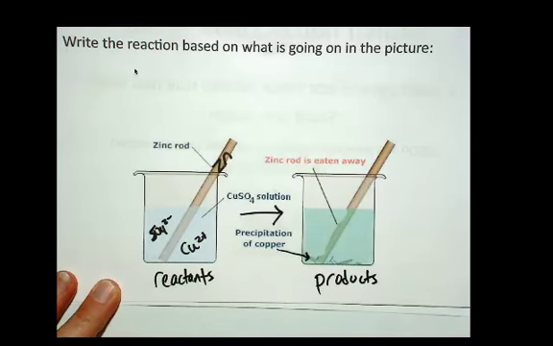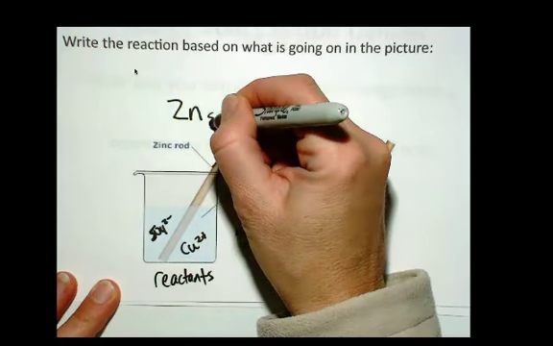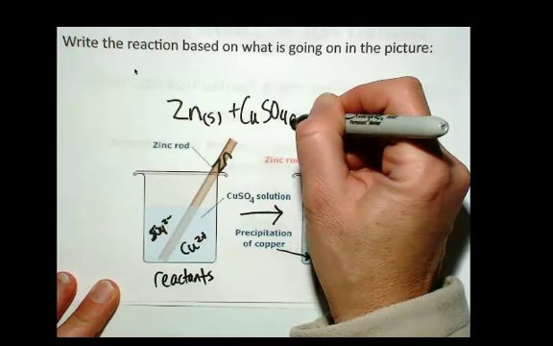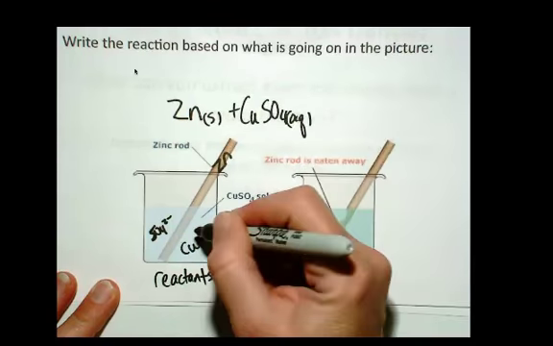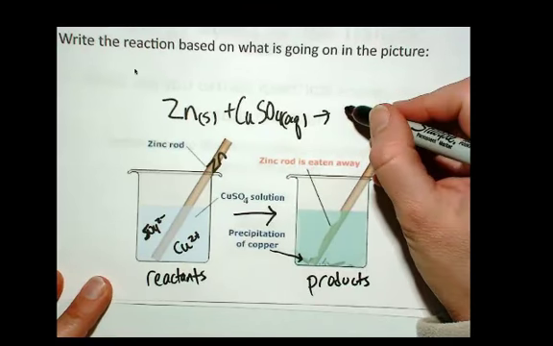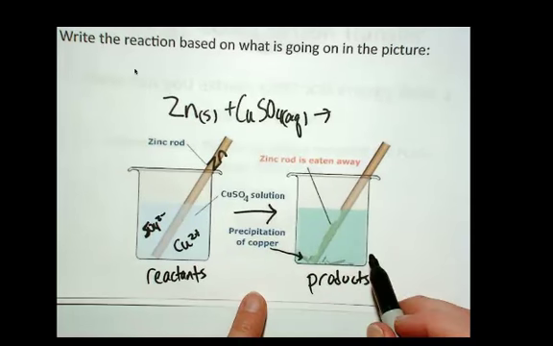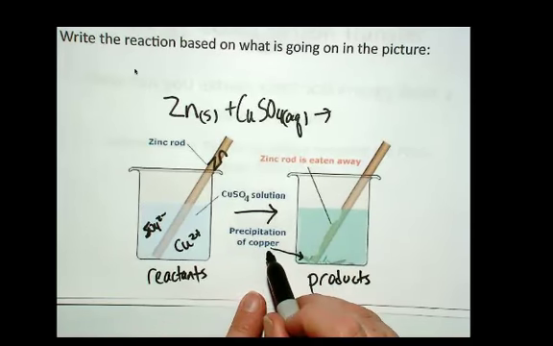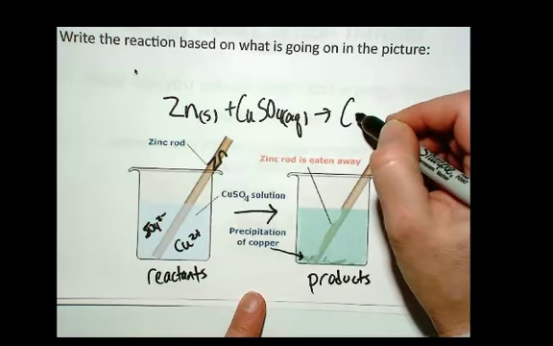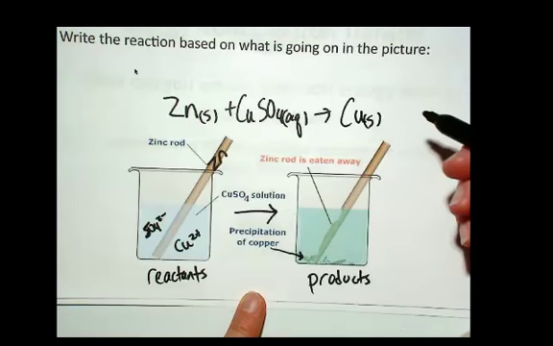The reactants here: you've got zinc metal, that's one reactant, and then copper sulfate solution, that's another reactant. You're mixing them together, a chemical reaction is occurring, and can you figure out what the products are just by reading these words? Precipitation of copper: here we have copper ion in solution, and a precipitate of copper indicates that the copper is now in the elemental form.